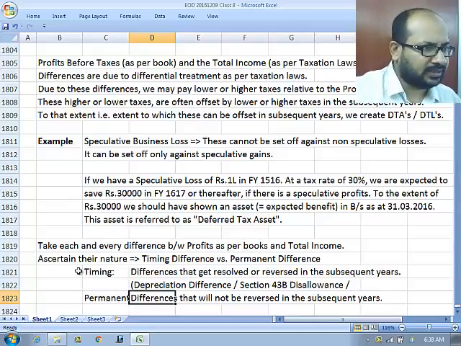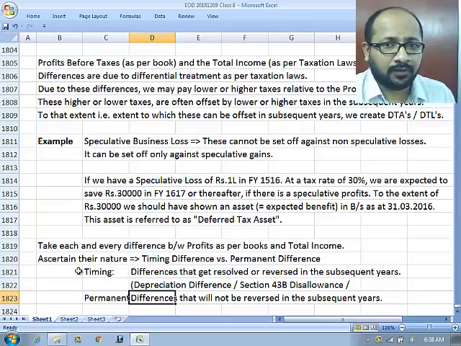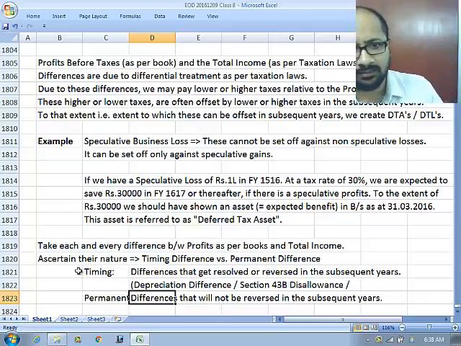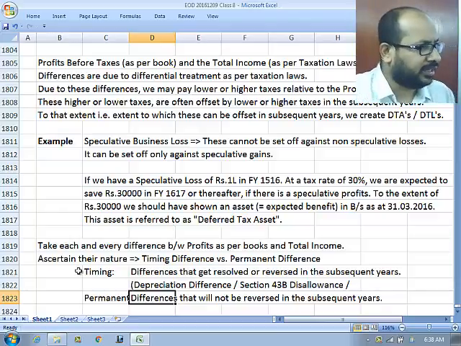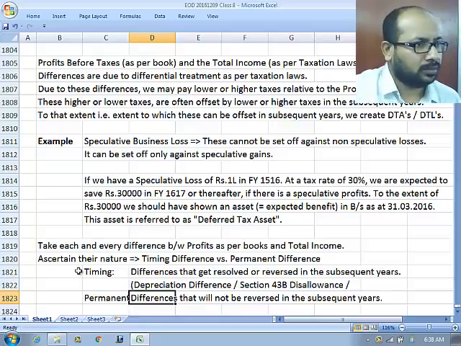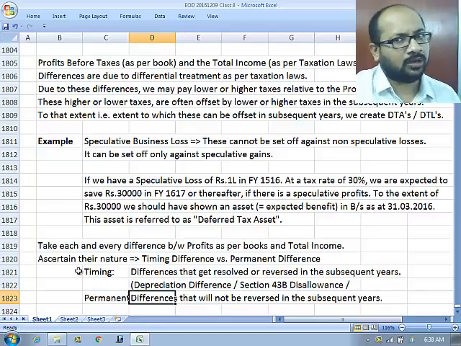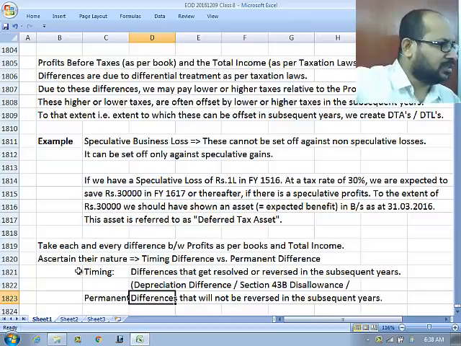You can claim only when you make the payment. But take a very classic case. 31st March 2016. The due date for filing the IT return is, say, 30th September. I am creating a bonus provision of around 20 lakhs, but I am going to make the payment only for Diwali. I am creating a provision but not making the payment. I will release the payment only on the eve of Diwali, which is somewhere in October.